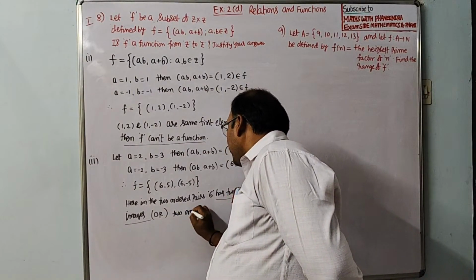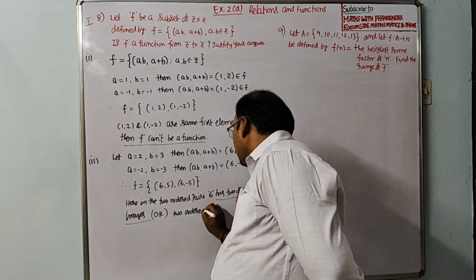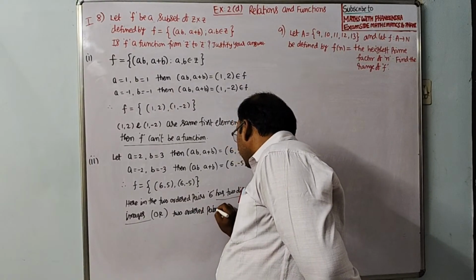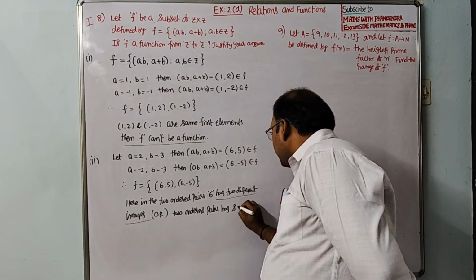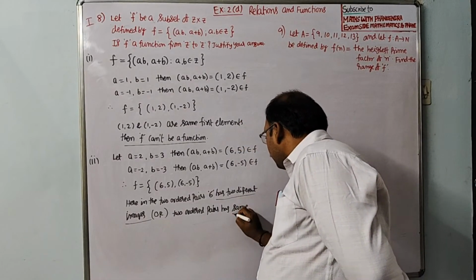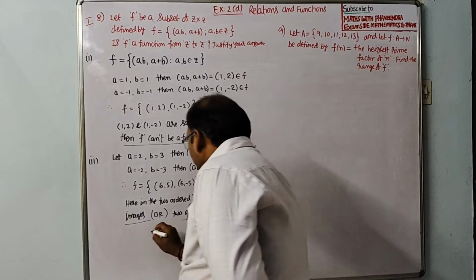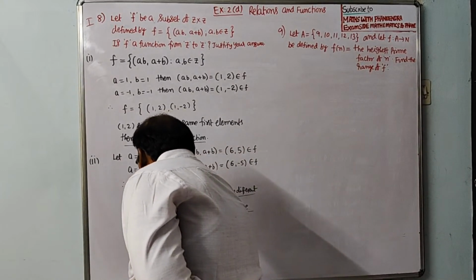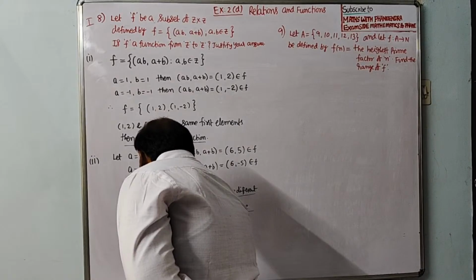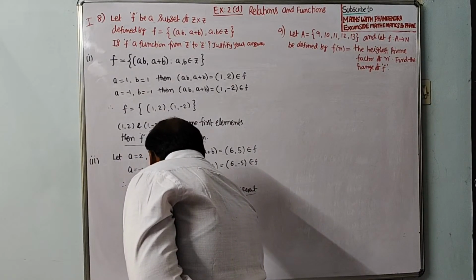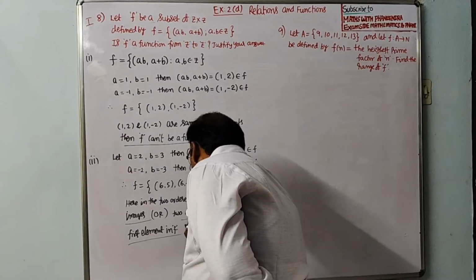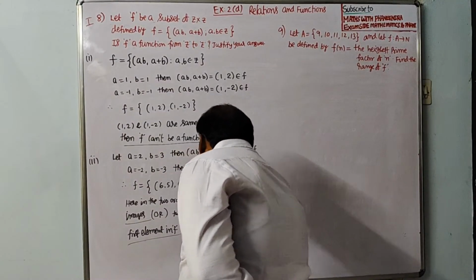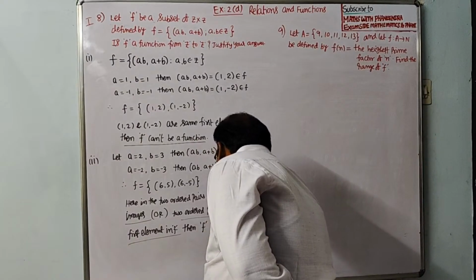Two ordered pairs have the same first element in F. Then F can't be a function.